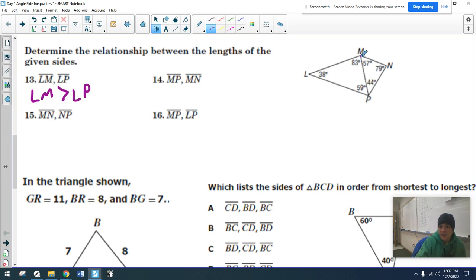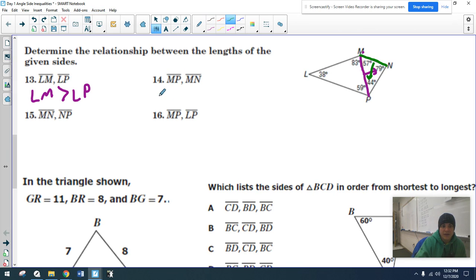So we're comparing MP. Now, I don't know if I'm going to the 38 or the 79. It depends on the other one. Since the other one is MN, I want to stick in this triangle. Okay, so MP is across from 79, and MN is across from 44. So the purple one will be bigger because 79 is bigger than 44.